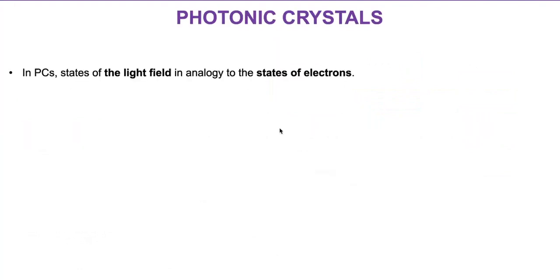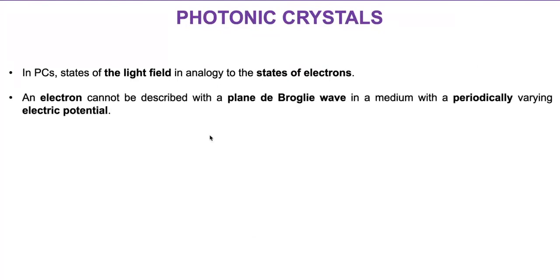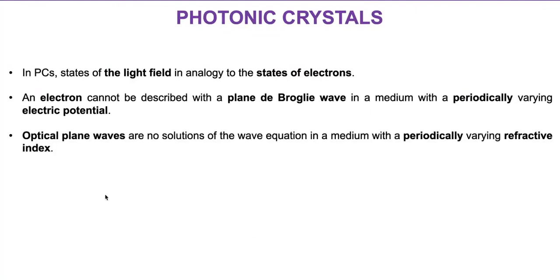So in photonic crystals, the states of the light field are used in analogy to the states of the electrons. In the same way that electrons cannot be described with a plane de Broglie wave in a medium with a periodically varying electric potential, optical plane waves are not solutions for the wave equation in a medium with a periodically varying refractive index.